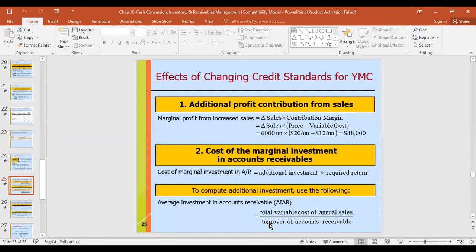For the turnover, we have to take note that the formula is our annual credit sales divided by our average accounts receivable. And then if we have our ACP, we can, of course, work back if we would like to.